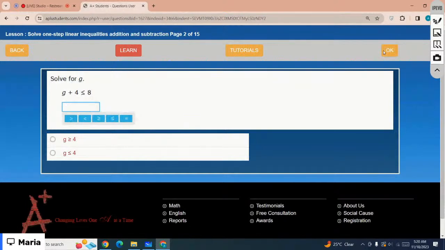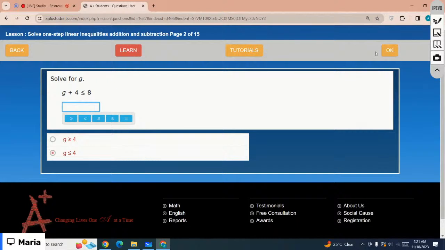Okay, the next one is g plus 4 is less than or equal to 8, which is the correct option? Yes, the correct option is g is less than or equal to 4.